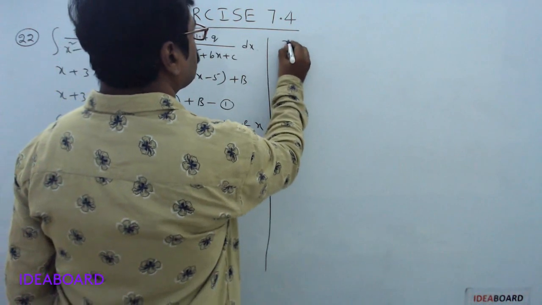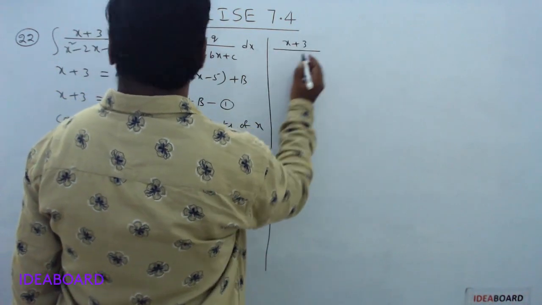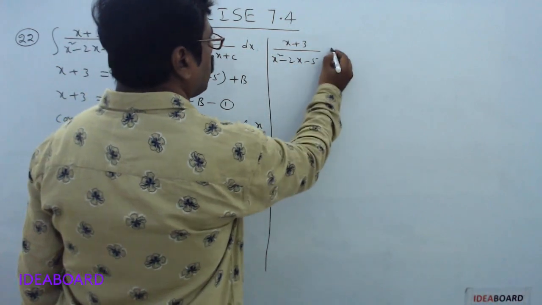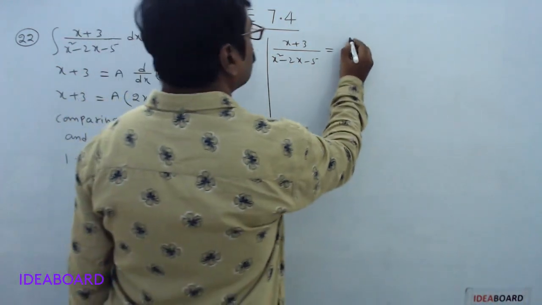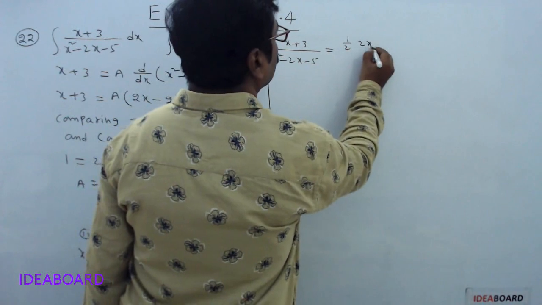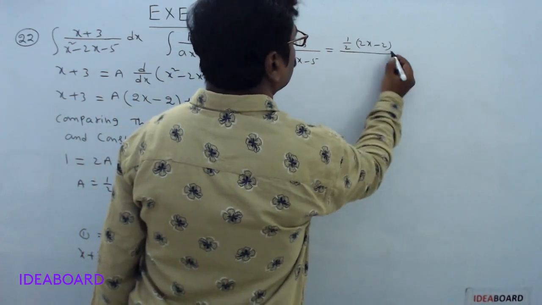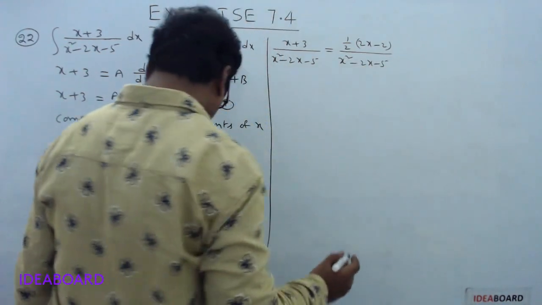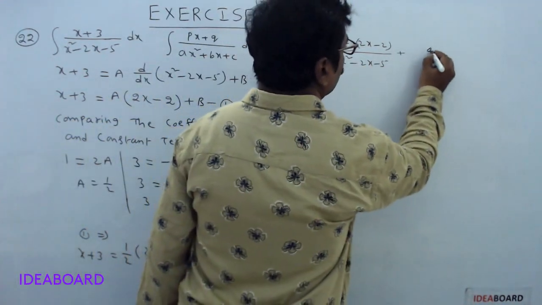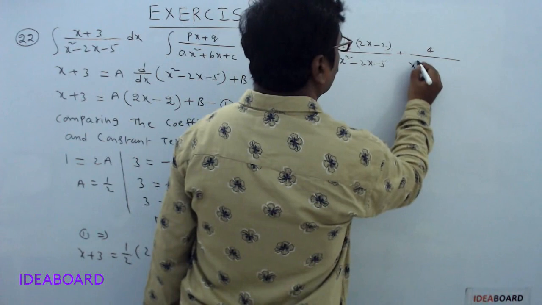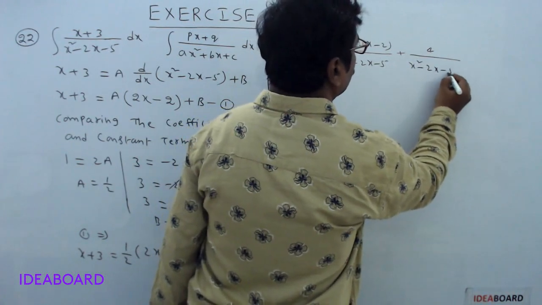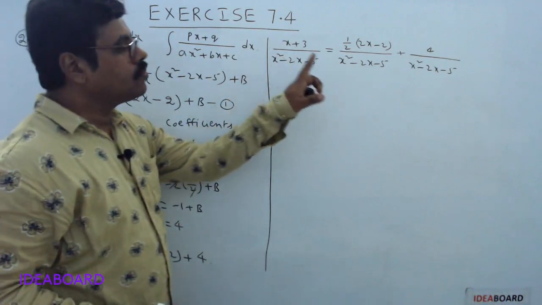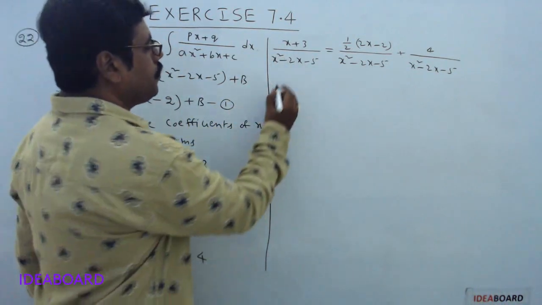So that is (x + 3)/(x² − 2x − 5) = 1/2 × (2x − 2)/(x² − 2x − 5) + 4/(x² − 2x − 5). Then integrate on both sides with respect to x.